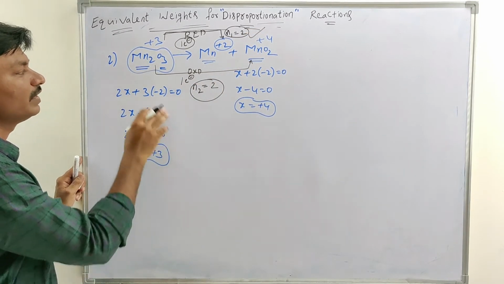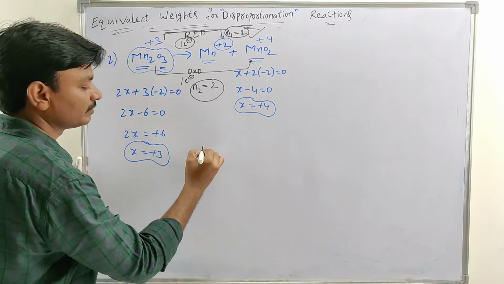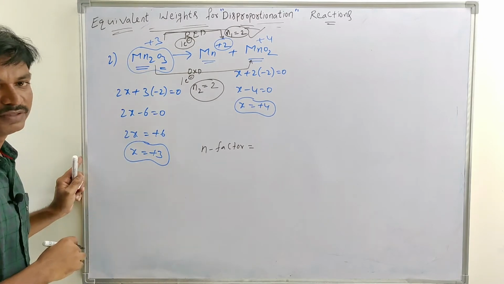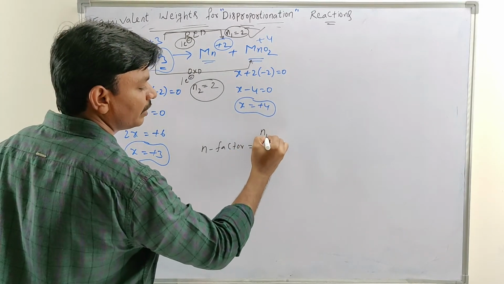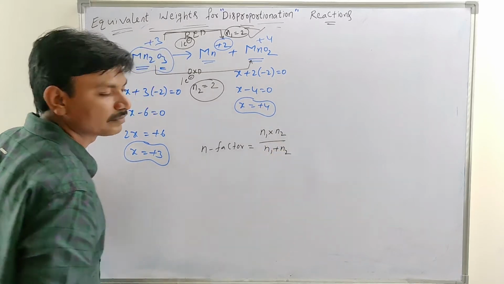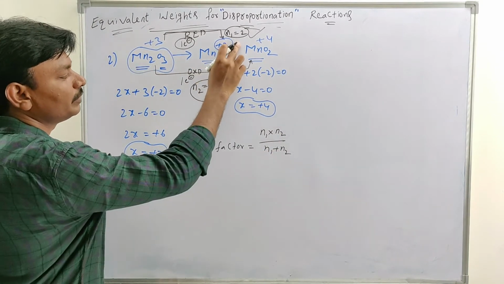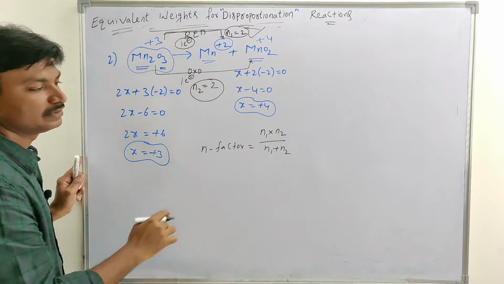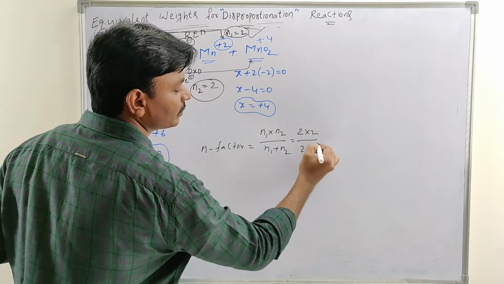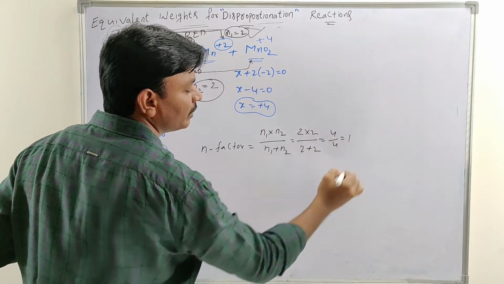N factor value for Mn2O3: N factor equals N1 into N2 divided by N1 plus N2. Here N1 equals 2, N2 is also 2. That is 2 into 2 divided by 2 plus 2, that is 4 by 4, that is equal to 1.